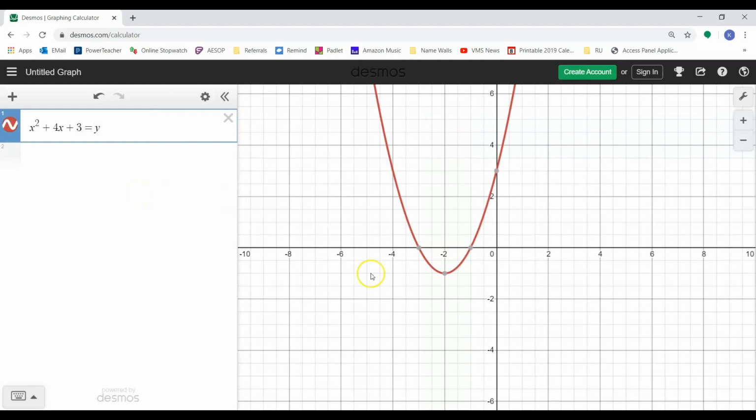If you remember, a parabola is just a U-shaped graph. We've seen these before. Notice it still crosses at negative 3, negative 1. And so it still gives us our solutions. So x is equal to negative 3 and x is equal to negative 1.